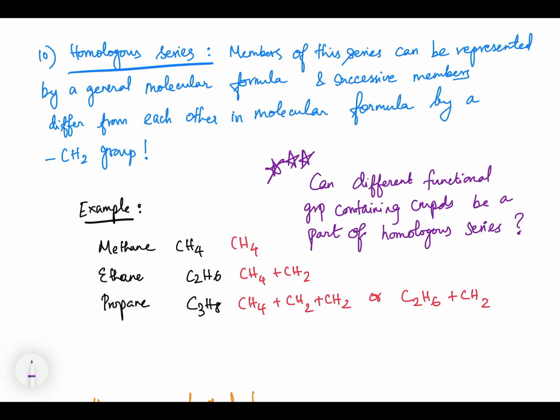So, methane is the first member and propane is the third member of the series. You can clearly see methane and propane differ by 2 CH2 groups. I hope this is clear. Or you can also say propane is C2H6, that is ethane, plus a CH2 group. So, it is called the third member. So, it is propane and it is the third member of the homologous series.